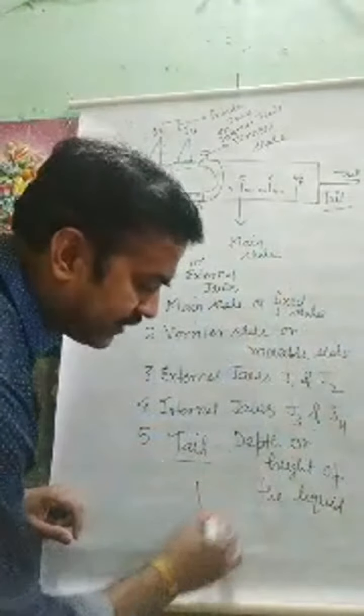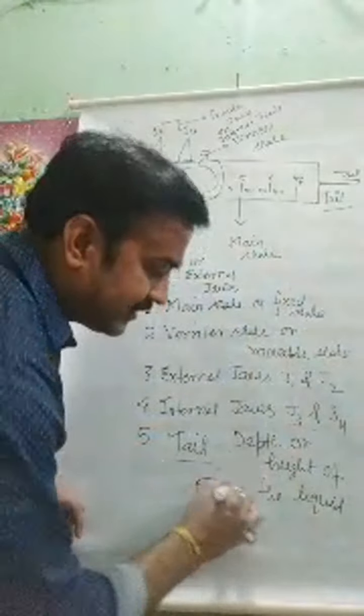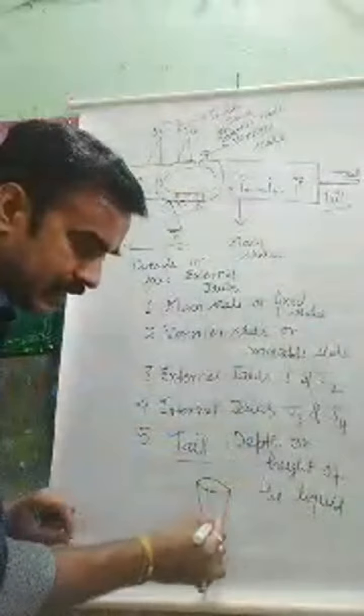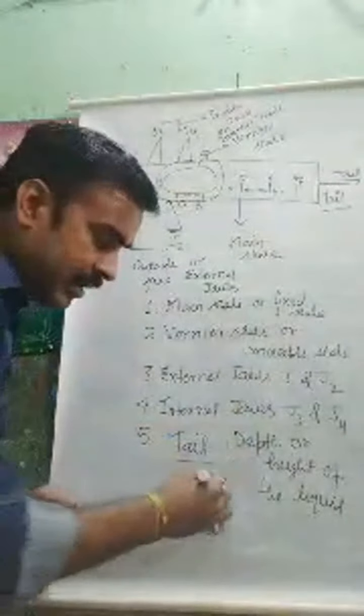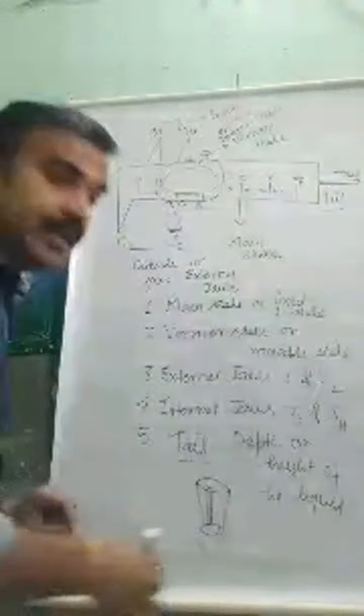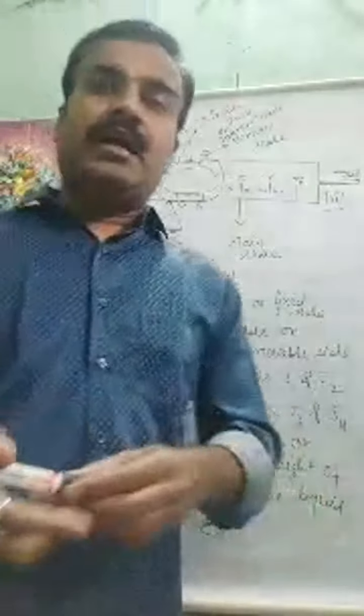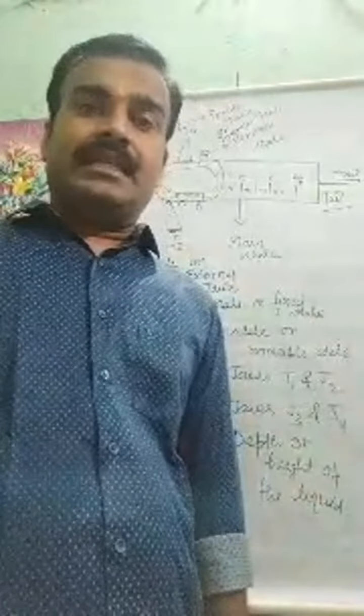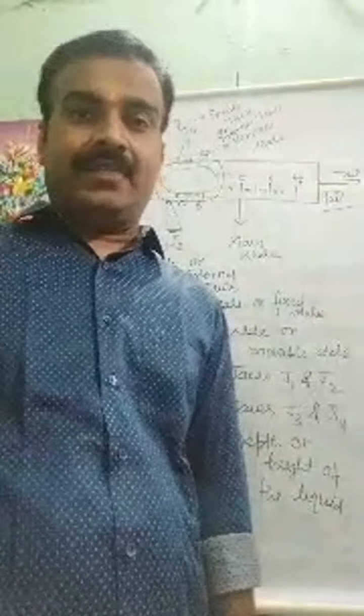Suppose this glass is given, and you insert this tail here. Then by this position of the tail, we can find the Vernier scale reading as well as the main scale reading.